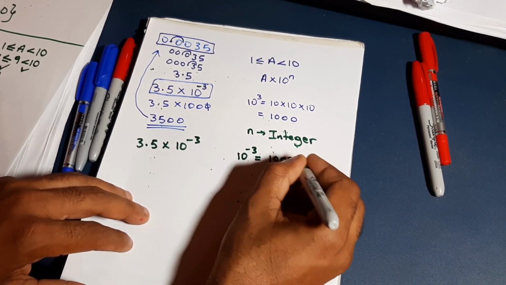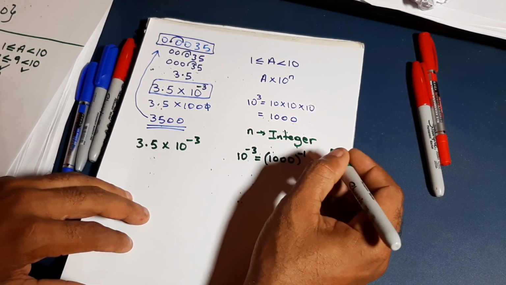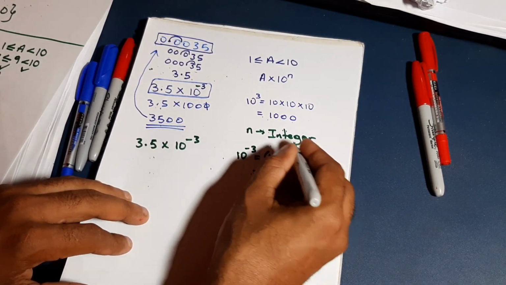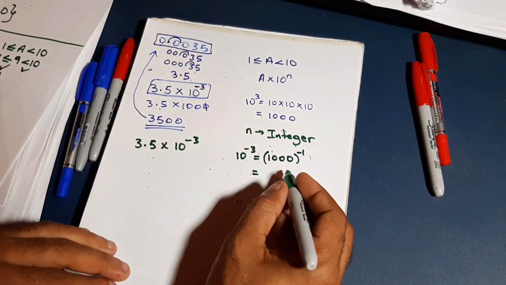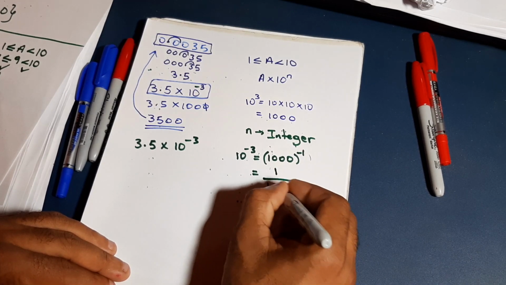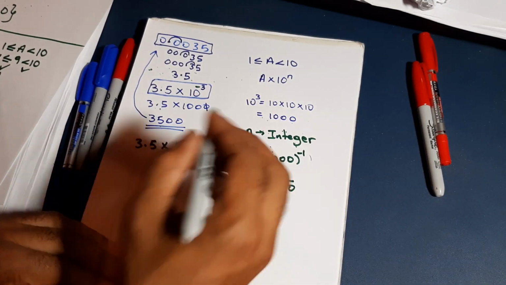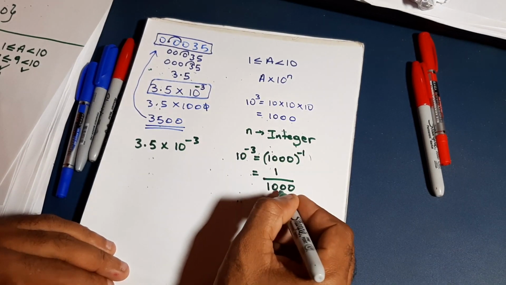But if you realize, I only used up the 3. Now the negative 1 means I'm going to have to flip or reciprocate this 1000. So that means I'm going to have 1 over 1000. So 10 to the negative third power is equal to 1 over 1000.